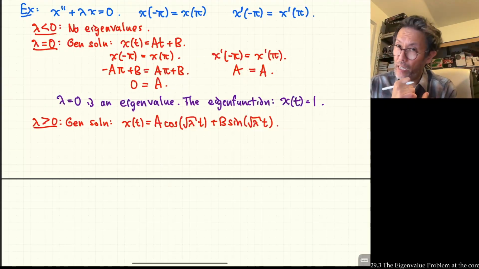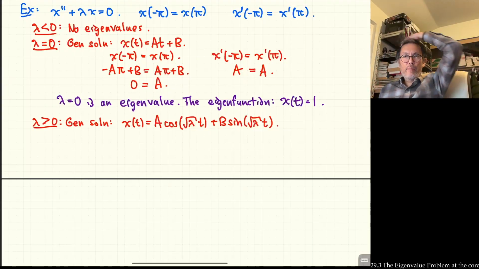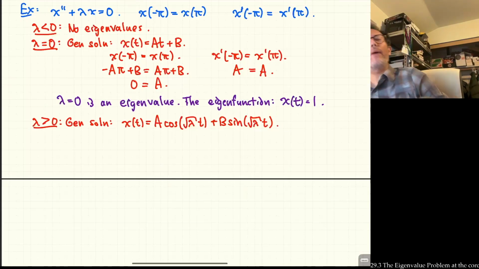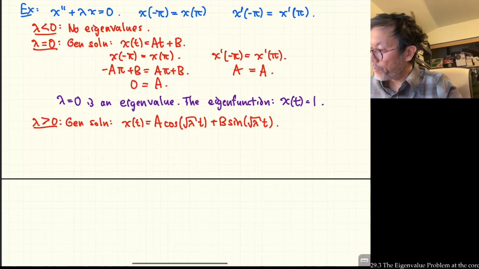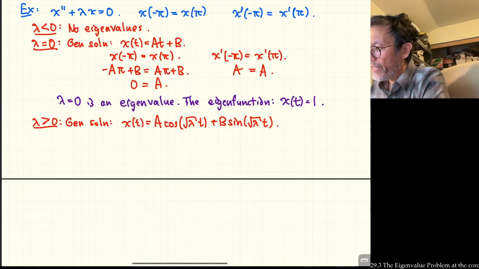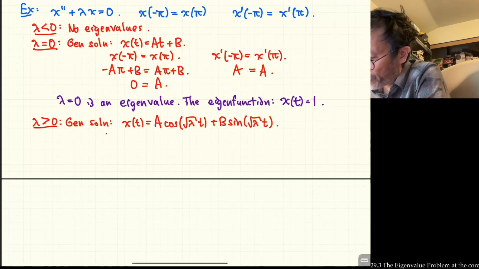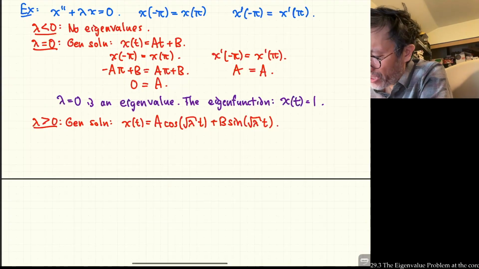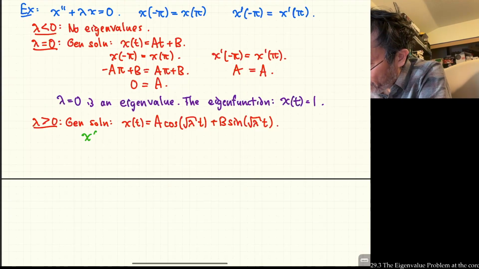Okay, now what do the boundary conditions imply? So let's plug in x of negative pi, the first boundary condition. I'm going to do this in colors, okay? So x of negative pi should be equal to x of pi, right?